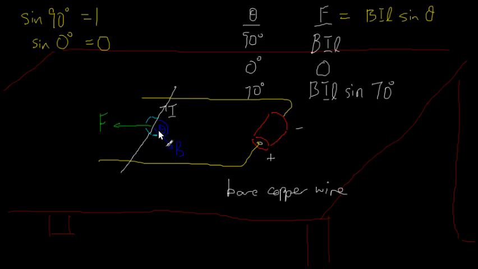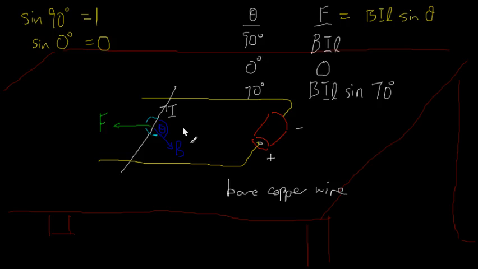If the field is in this plane, then the force will continue to be perpendicular to the magnetic field, because the force is perpendicular to this vertical plane that contains the wire. So as you change this angle, the force will still be in the same direction. But if you reduce the angle towards 0, this force will decrease. Eventually, when the angle is reduced to 0, the magnetic field would be along the same direction as the current, and the force should become 0.